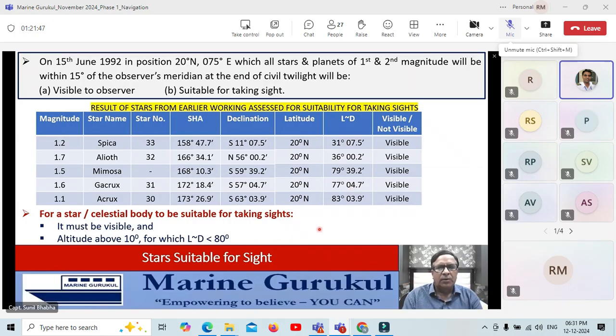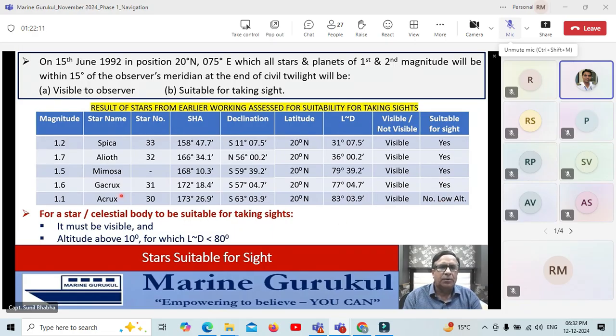So to assess the suitability for sight, we can make one more column and see in which cases L difference D is less than 80. And we see that the first 4 stars are all suitable for taking sight. The last, that is Crux, though it is visible, is too low and is not suitable for sight.